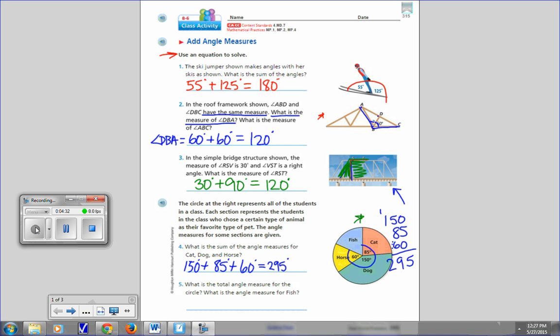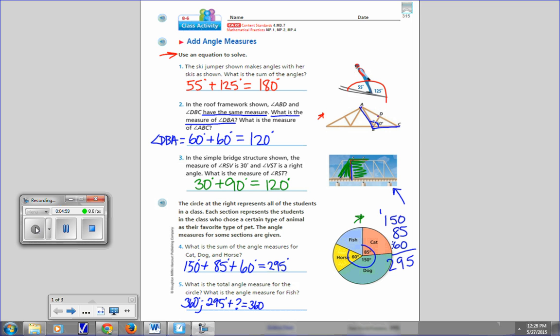What is the total angle measure for the circle? Well, we know all the way around the circle is going to be 360 degrees. What is the angle measure for fish? Well, I have 295 degrees already. We want to add the unknown because it's all going to equal 360.